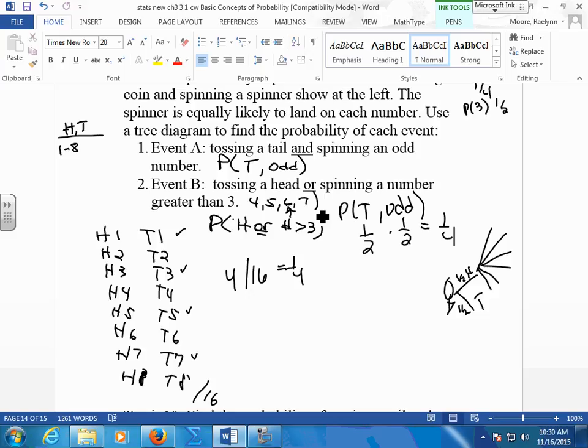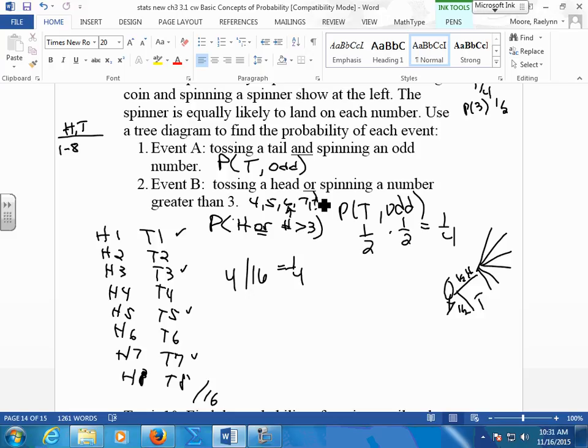Okay, so or is a little different. I'm going to get a head or a number greater than 3. So how many heads are there? 8. Oh, 8. Sorry. Thank you. Okay, a number greater than 3. How come I didn't count 3? Has to be greater than 3.